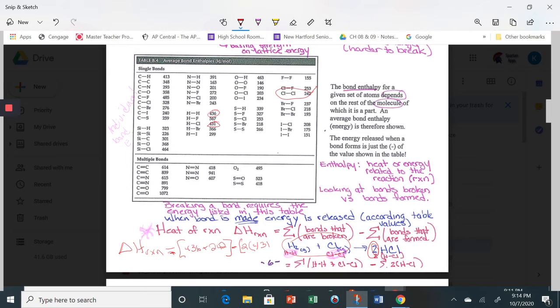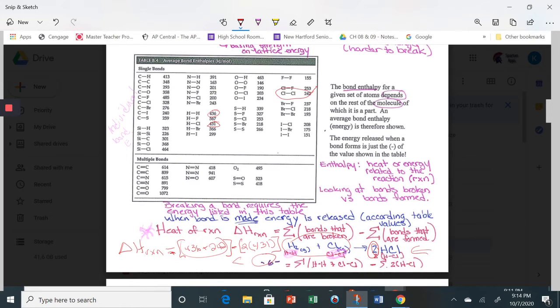Now, I'm not going to do the calculation, but just looking at it, I have 2 numbers in the 400s, and I have a 400 and a 200 and something. So this is going to be less than this. So my number is going to be negative, which means this reaction is really favored. It gives off energy.